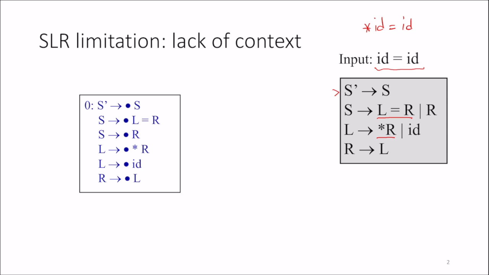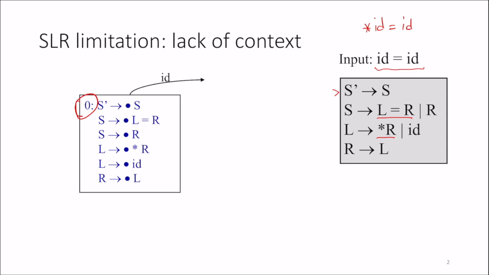So let's take a look at the state 0 over here. State 0, you start with S prime goes to dot S, and then you predict all of the rules for S, which in turn predicts all of the rules for L and then the rule for R.